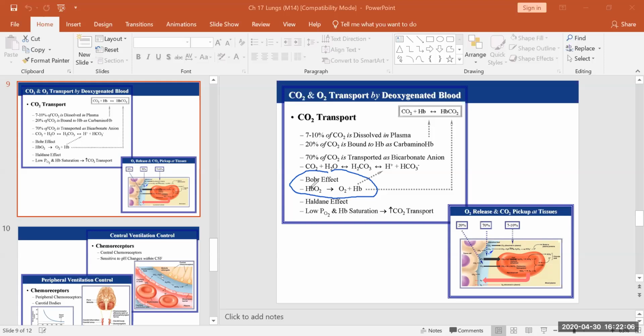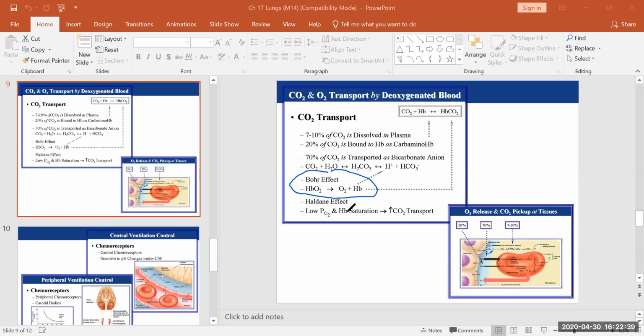Because when CO2 is high, it affects the pH, right? So when CO2 is high, it will increase the concentration of proton, and that leads to the Bohr effect, meaning it will induce hemoglobin to unload oxygen to the tissues. Okay? So when CO2 is high in the tissues, it induces oxygen unloading by the red blood cell to the tissues.